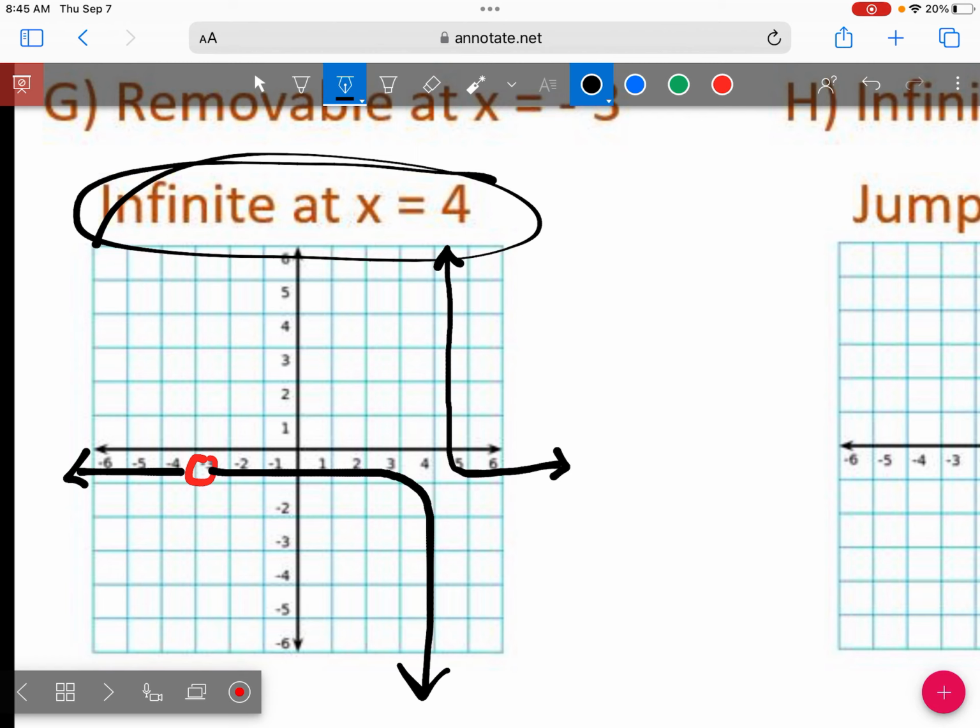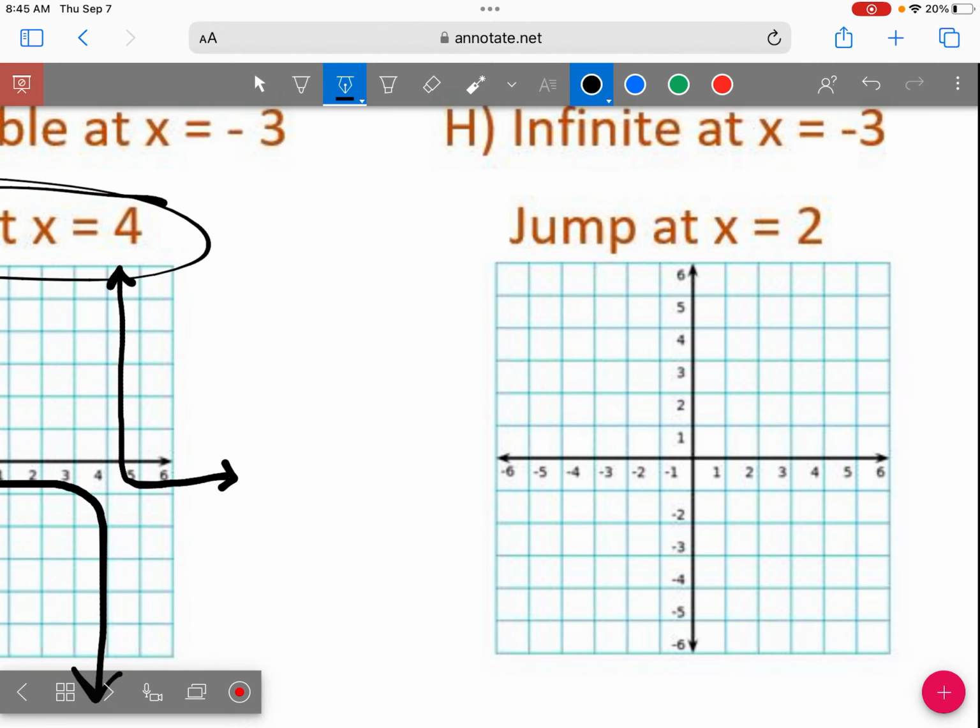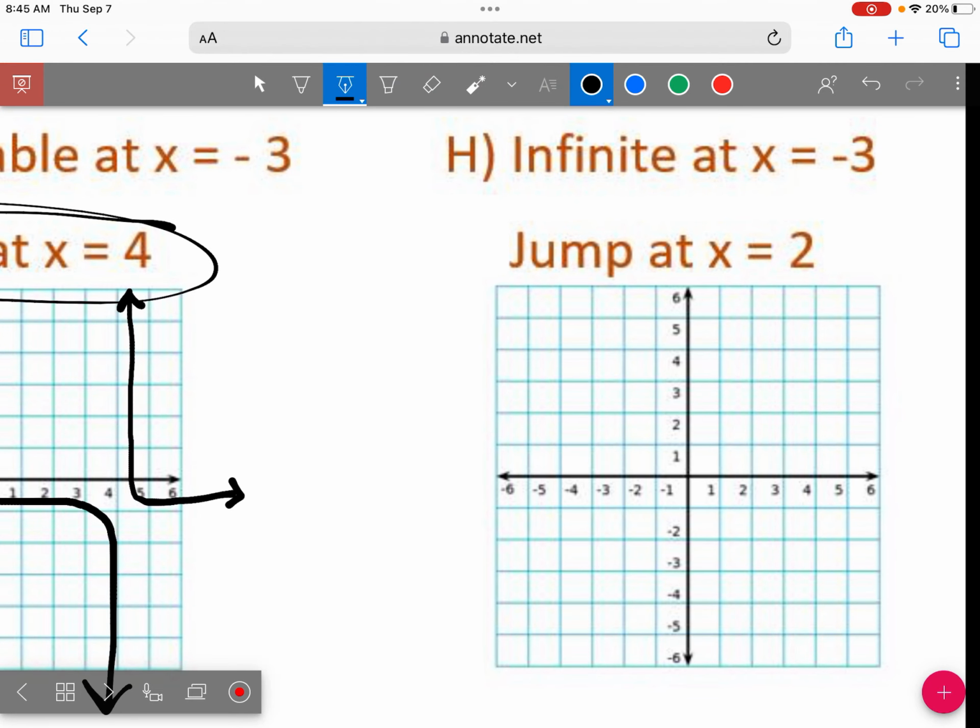For H, draw your infinite. So I'm just going to ignore the jump. Draw my infinite at -3. So everybody draw your infinite at -3. That's why I said use a pencil. So I drew my infinite, and now I need to erase it, starting at x equals 2.